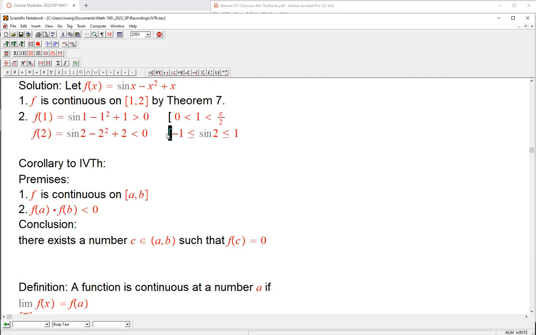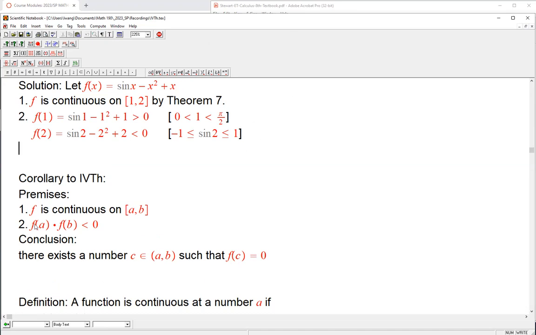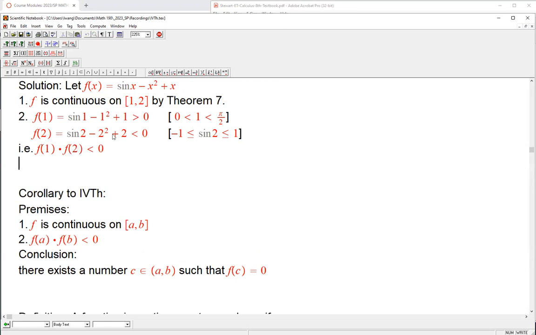We just need to know the sign, not the actual value. So we have just verified that f of 1 times f of 2, two numbers of opposite sign, has a negative product.